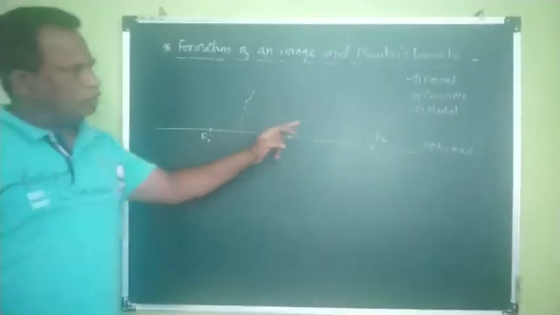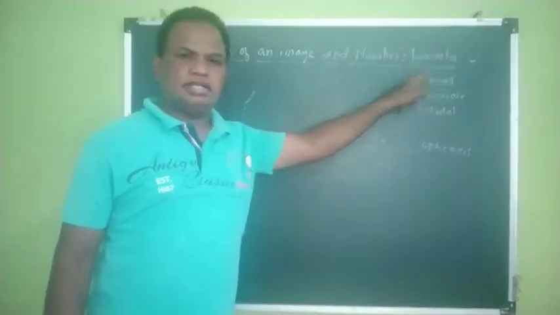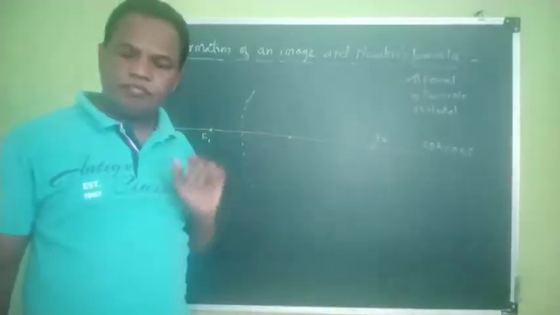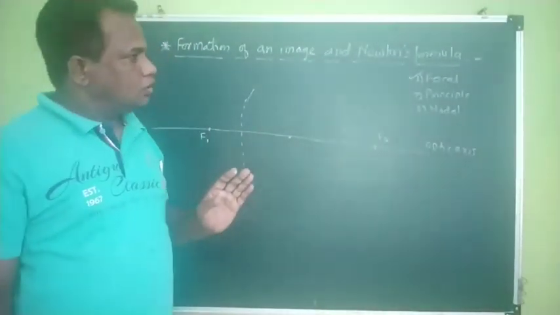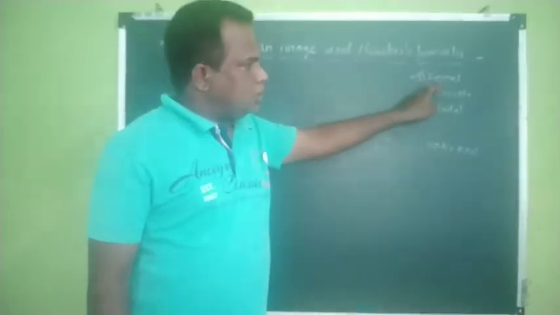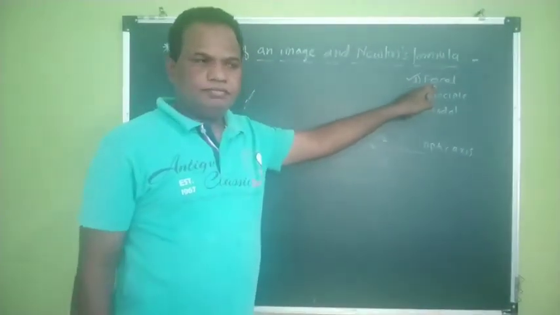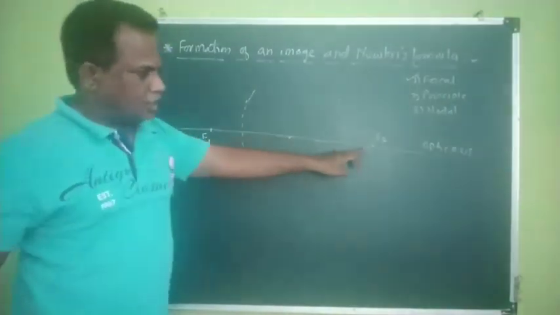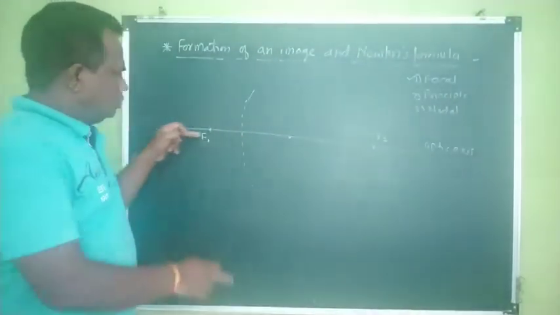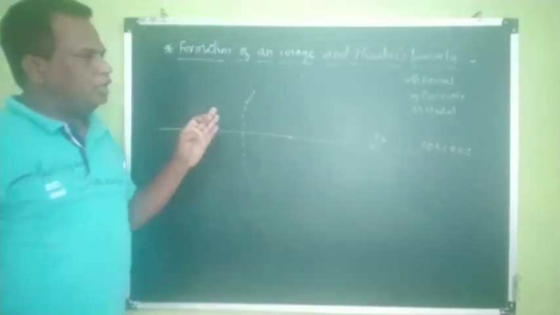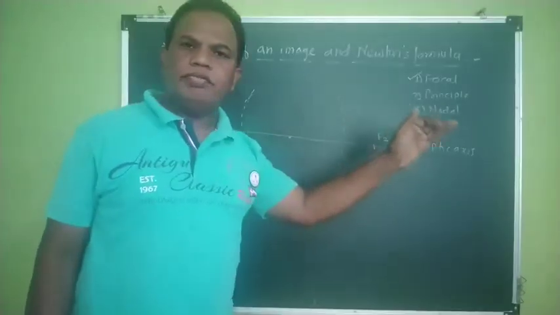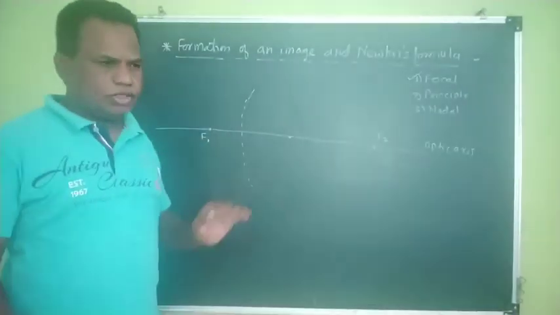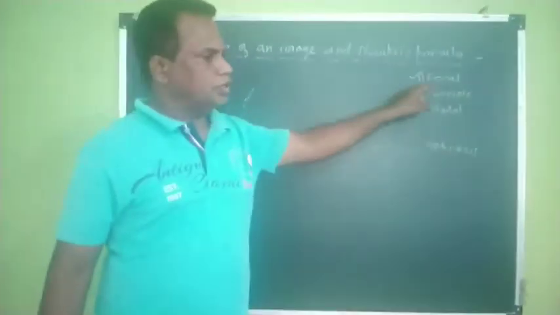So this is all about the focal points and their properties. These are the two conjugate points having the property that parallel rays focus at that point, and rays passing through the focal point always travel parallel to the optic axis.